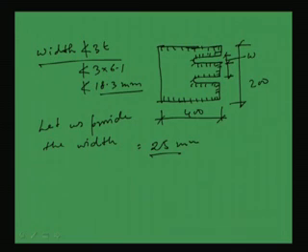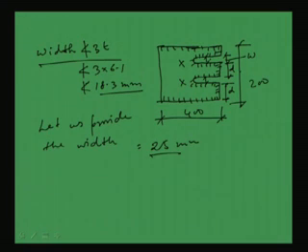So if this is 25 and this is 25, then I can find out this distance, say d. Now we are considering that two slots have been provided. So if we provide two slots, then the distance will be calculated in that way.